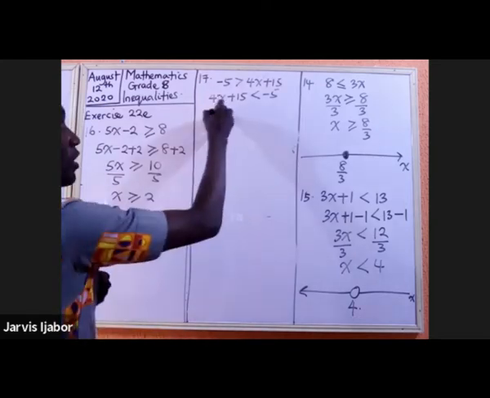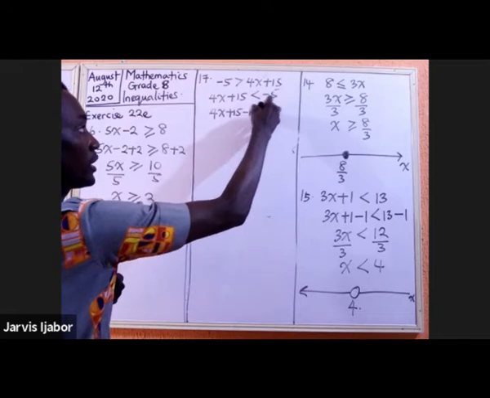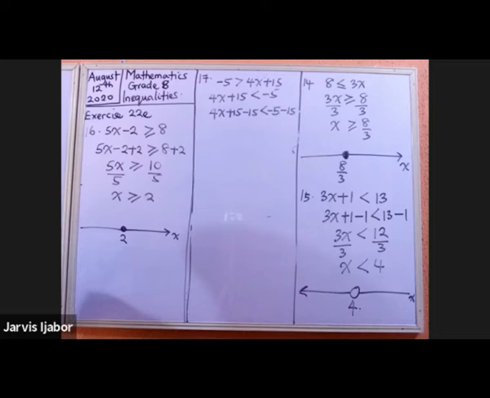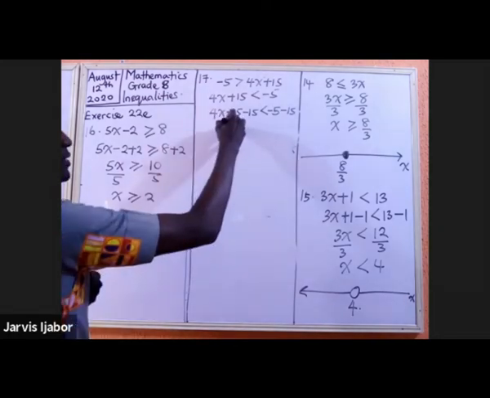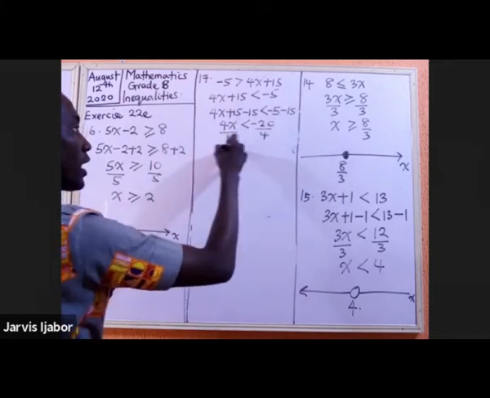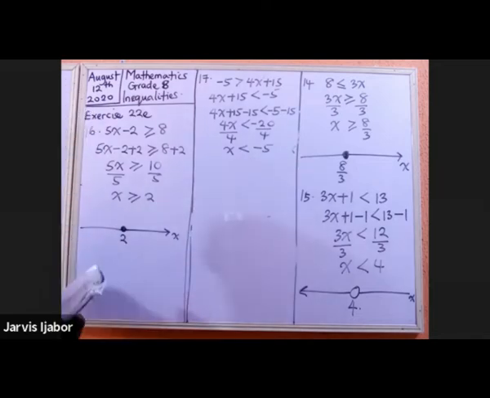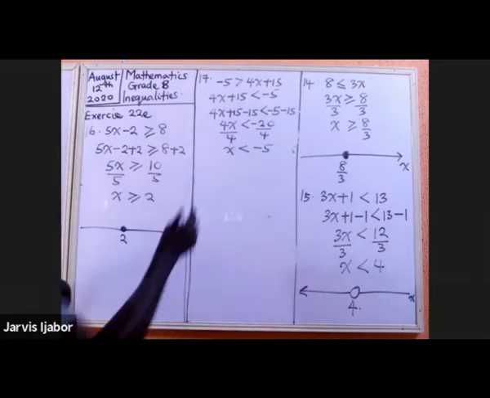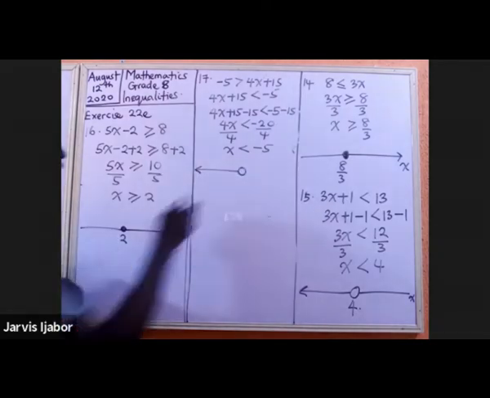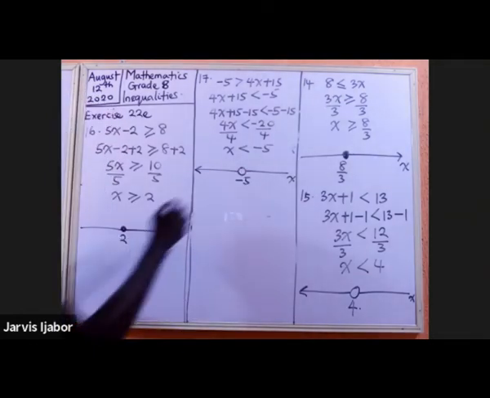So 4x plus 15 minus 15 will be less than -5 minus 15. So you're subtracting 15 from both sides. So 4x will be less than -20. I divide both sides by 4, and x will be less than -5. So what does that give you? A bubble not colored facing the left-hand side in x and having -5 there.